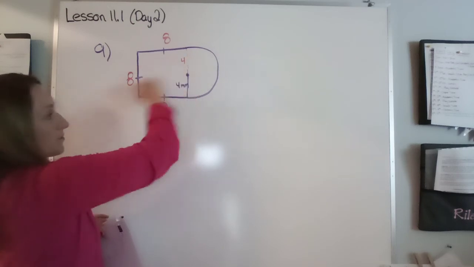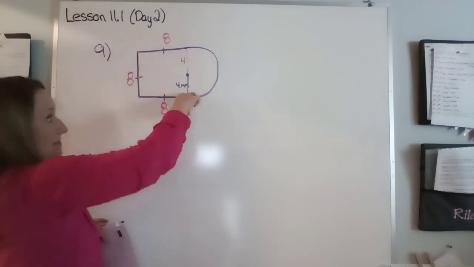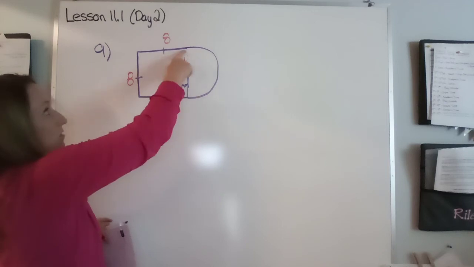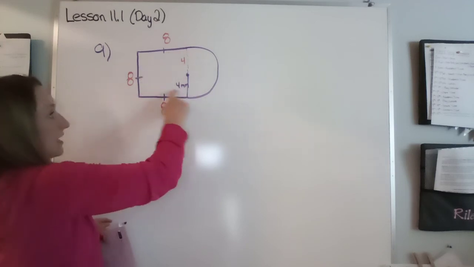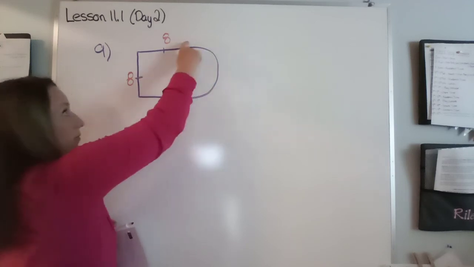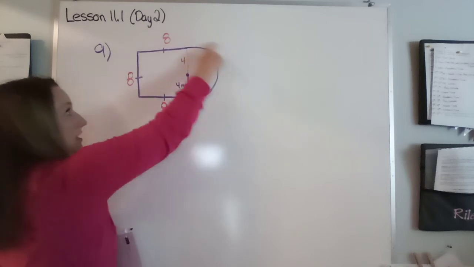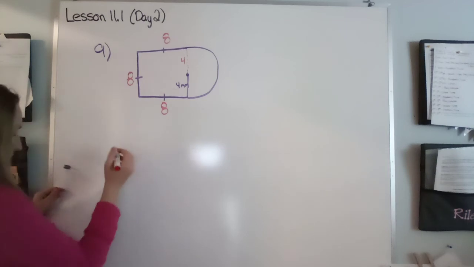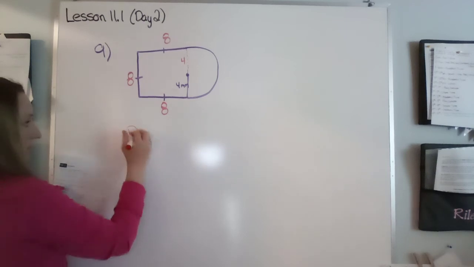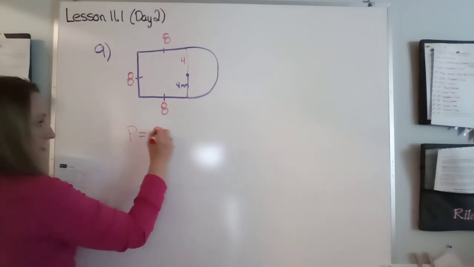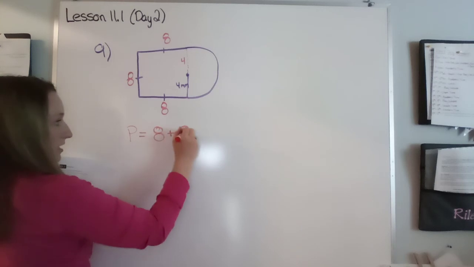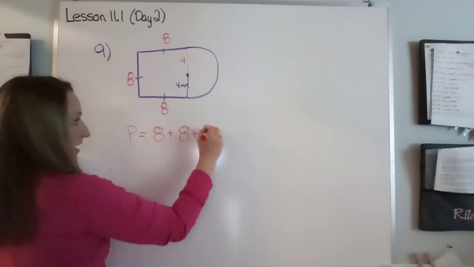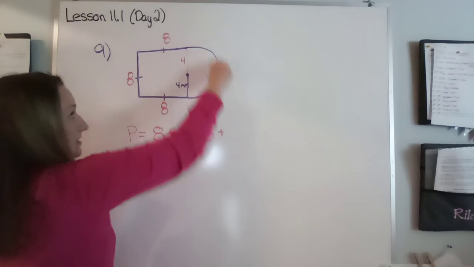And remember, perimeter is the outside, so I'm not going to add this segment that's the inside. So I have 8, 8, 8, and then I have to figure out what is the length of this arc right there. Okay, so I can start first by saying the perimeter is equal to 8 plus 8 plus 8, and then I still have to add in this arc.